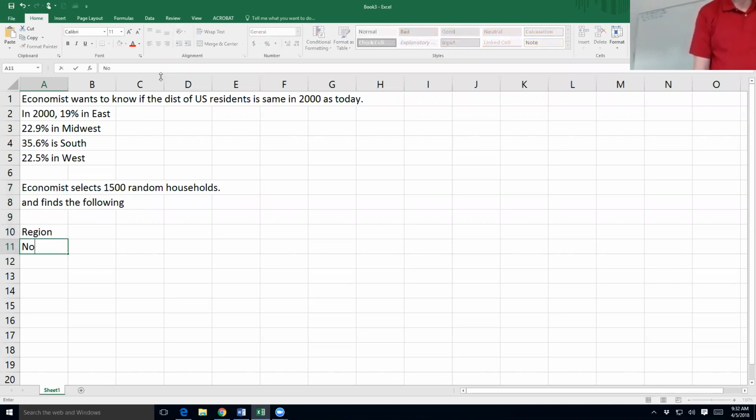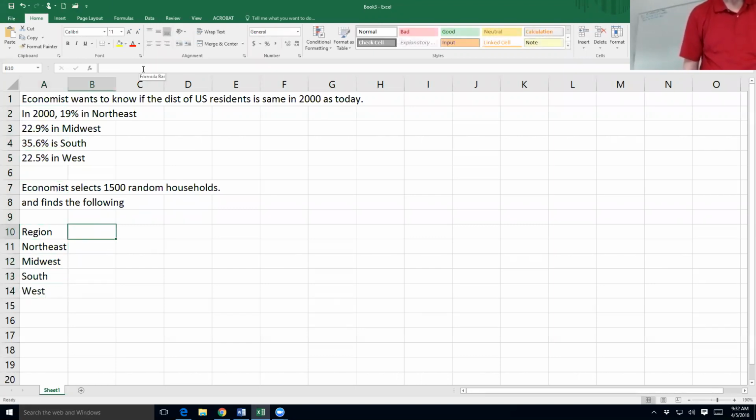I've got the Northeast, the Midwest, the South, and the West. And we observed 274, 303, 564, and 359.